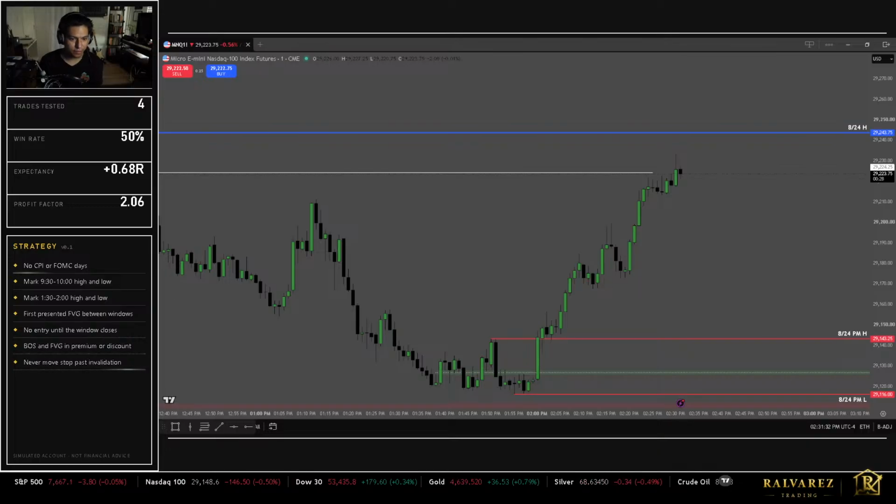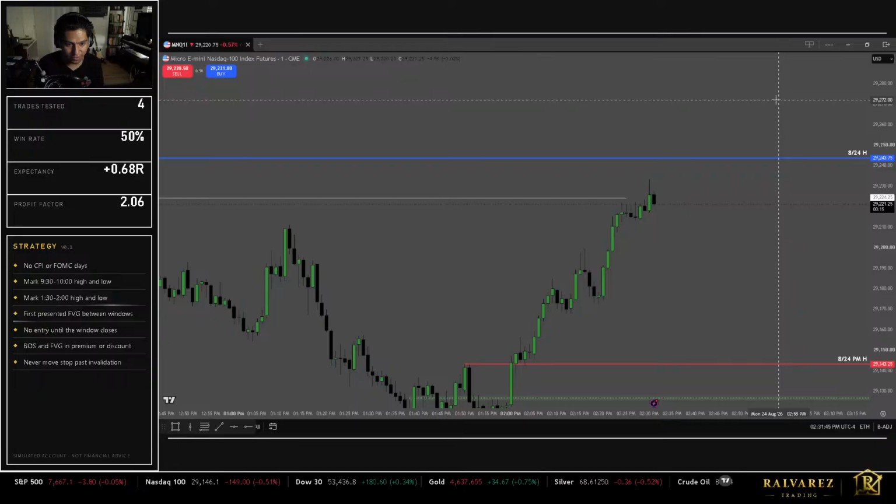I think one of the things I want to see is something like this, right? A bunch of candles, pretty much copy paste this up here, kind of like tricking traders. So a strong impulse up higher, and then seeing whether that fair value gap holds.